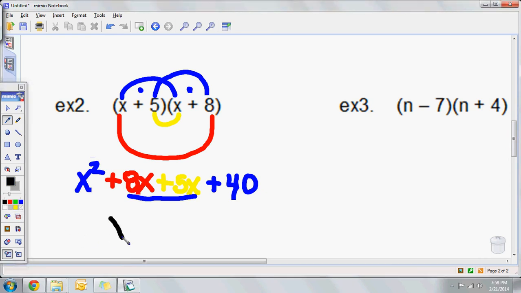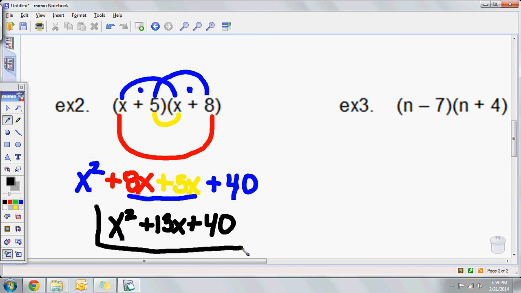Your final answer is going to be x squared, 8x plus 5x gives you 13x, and then plus 40. So we went from 4 terms to 3 terms, so this is a trinomial. Your very final answer should always, always, always be a trinomial.